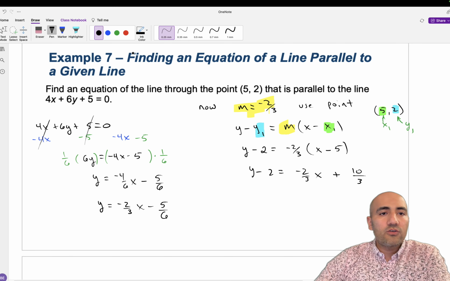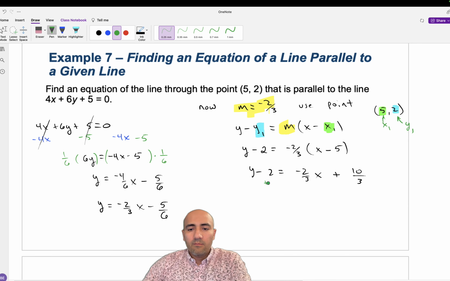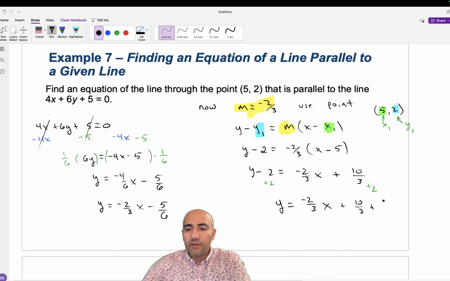And then I'm going to add 2 to both sides. Plus 2, plus 2. I get y equals negative 2/3 x plus 10 over 3 plus 2, and I'm going to rewrite the 2 as 6 over 3, multiplying it by 3 over 3, and that gives me 16 over 3.